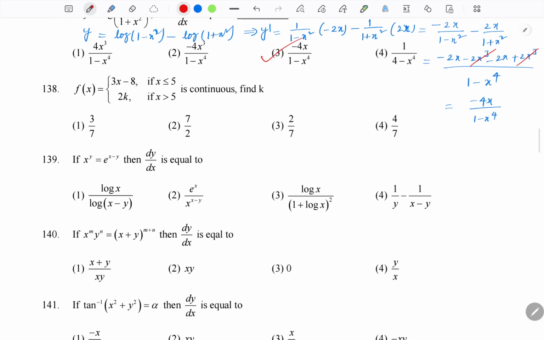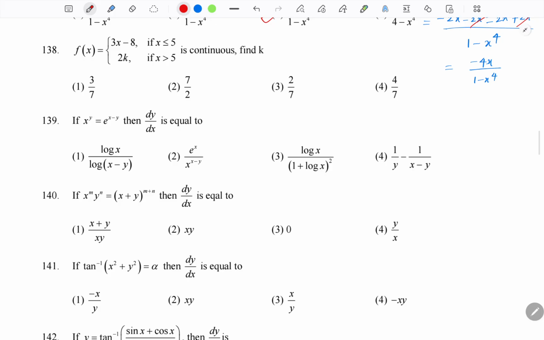Next, again continuous function. What is the continuity? It's a limit existing, right? The continuous function at x equal to how much they are saying. Okay, they didn't mention it, so continuous at x equal to 5. See the problem at x equal to 5. First apply the condition, limit x tends to 5, 3x minus h equal to 2k.